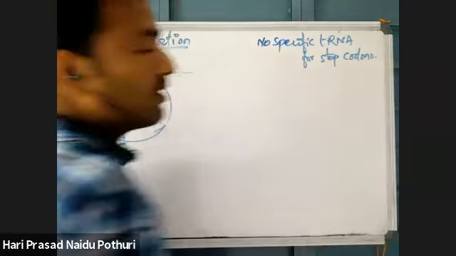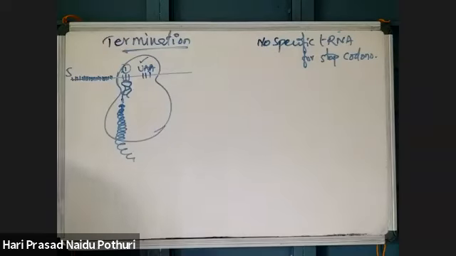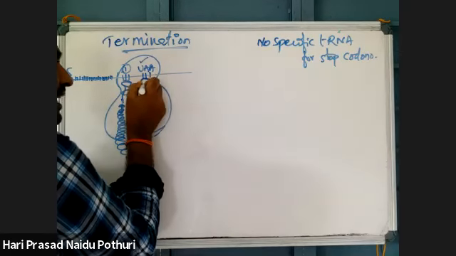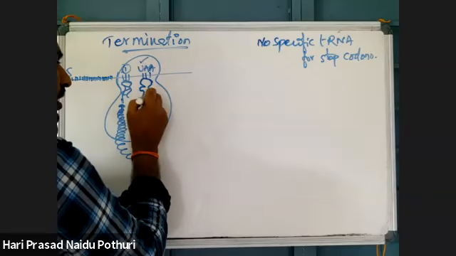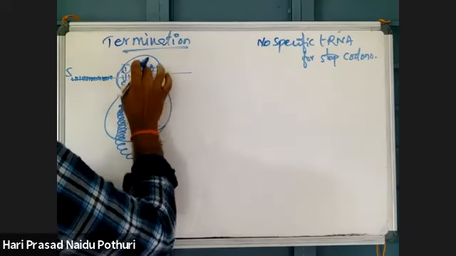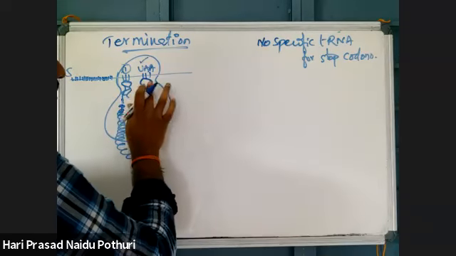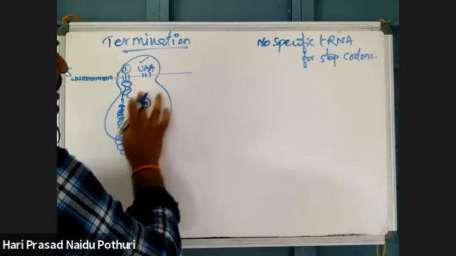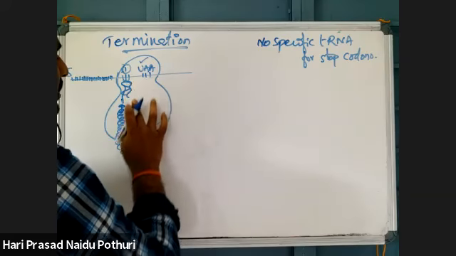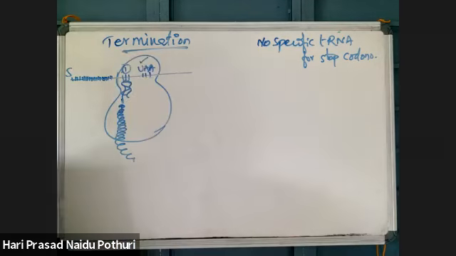How many stop codons are there? 3 stop codons are there. For those 3 stop codons, there is no particular tRNA that has specificity to bind with a stop codon. Suppose any tRNA is there that can bring an amino acid, it can come and combine with this UAA or UAG, UGA stop codon. No problem. But there is no specific tRNA that can carry an amino acid and bind with this UAA or UAG, UGA. So what happens?